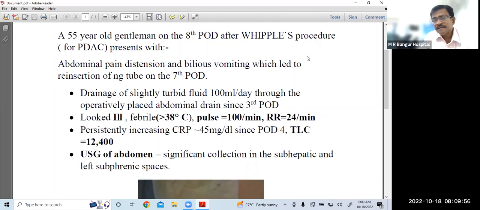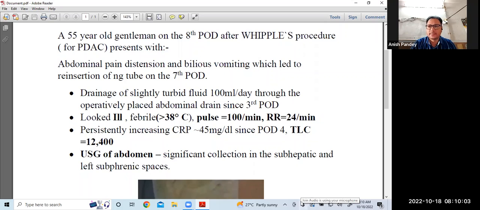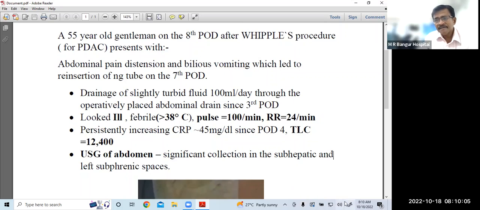What is that pouch called? Morrison's. Yes, so you put the drain in the right subhepatic space. Even then, on the right side there is a good amount of collection in the subhepatic space. So you should assume that although the drain is draining 100 ml, maybe that drain is partially functioning, not sufficient.